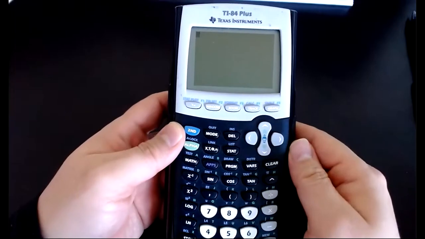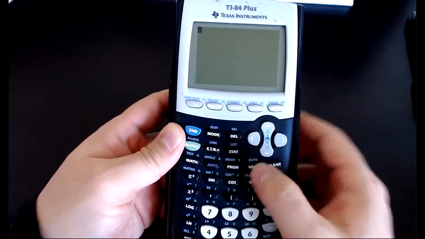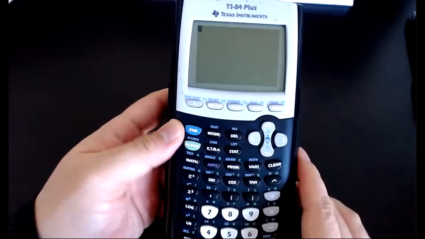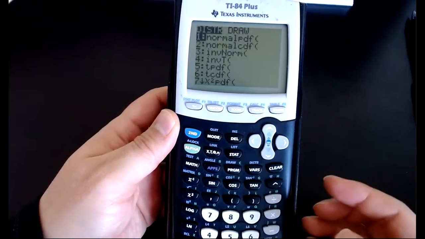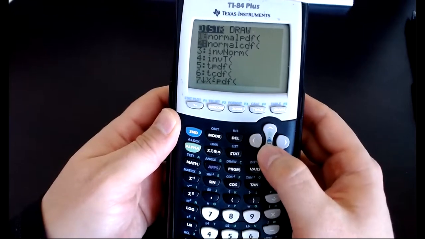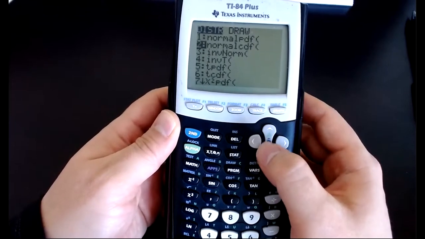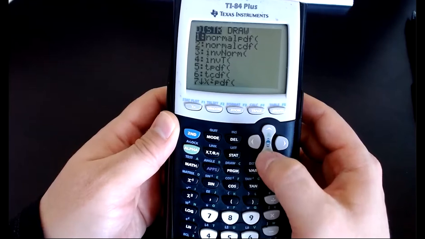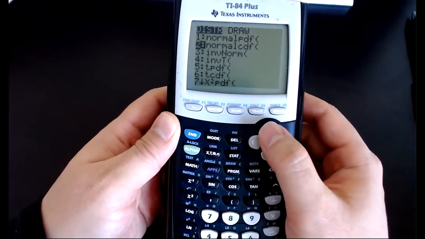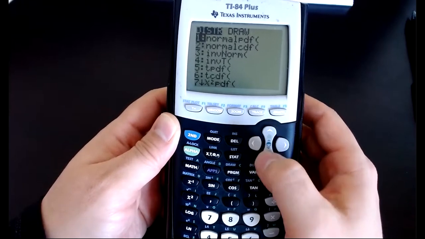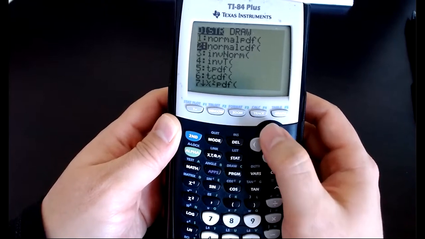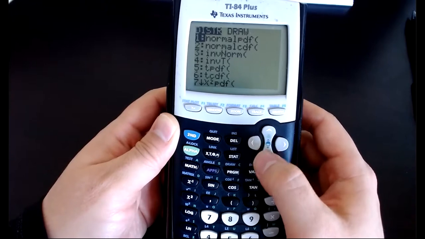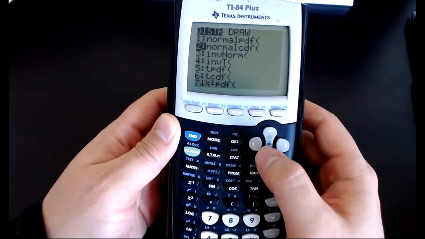In the calculator, we go to the distribution menu: press second, and then VARS. Then you see number 1 and number 2, normal PDF and normal CDF. Now you understand the meaning of the names. Normal PDF means normal probability density function. Normal CDF means normal cumulative distribution function.